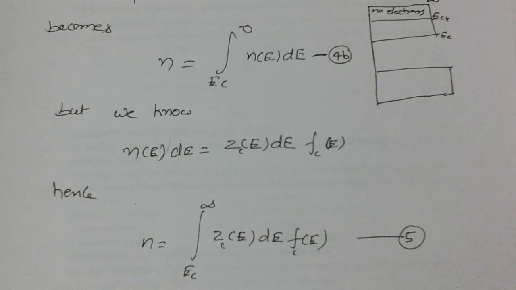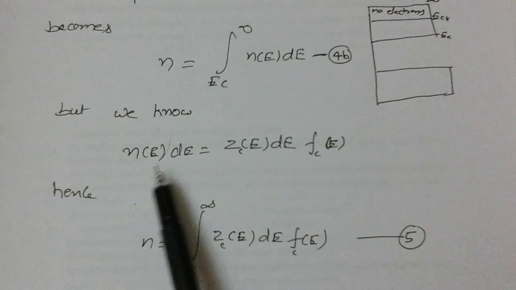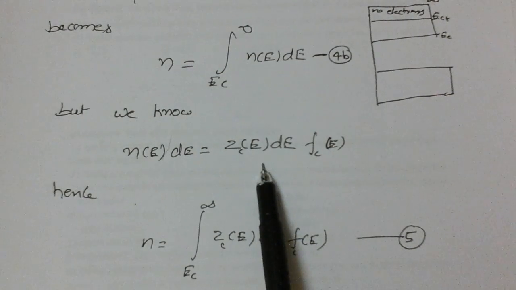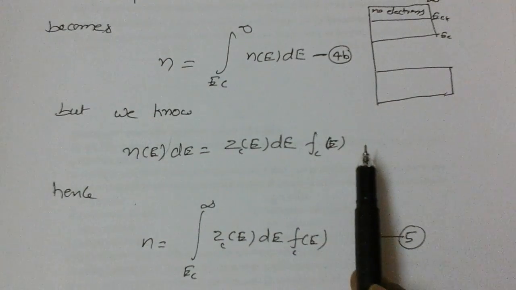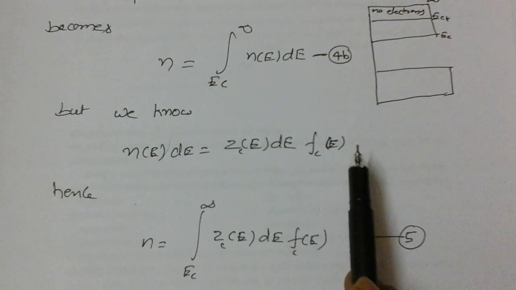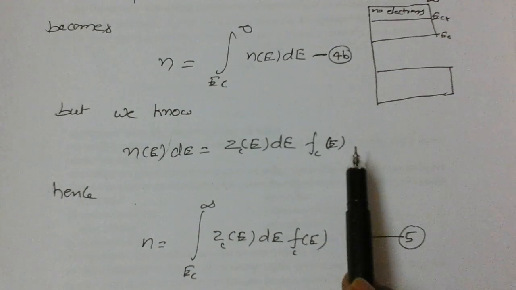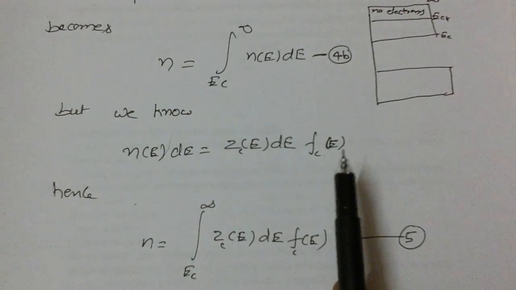But now, we already know n(E) dE is equal to Zc(E) dE f(E). Already in the starting equation we have taken it. You can see that equation also here.